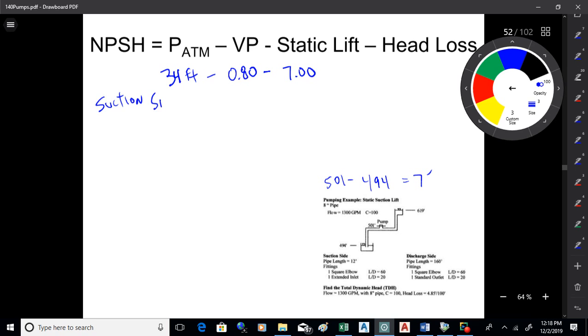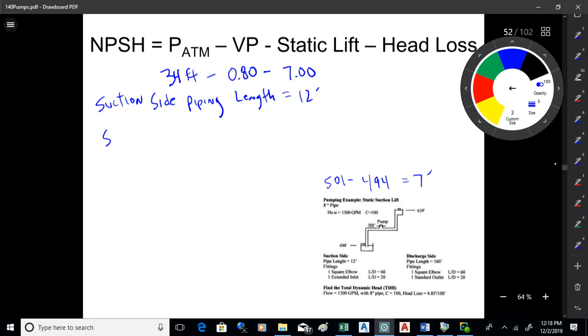Now we have the suction side piping length, and that's 12 feet, right? That's given. So we're going to do the same sort of thing we did before, but now we're going to do it for just the suction side, just the piping going into the pump. So that's 12 feet of pipe coming in.